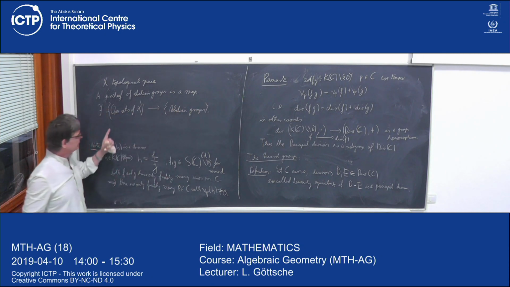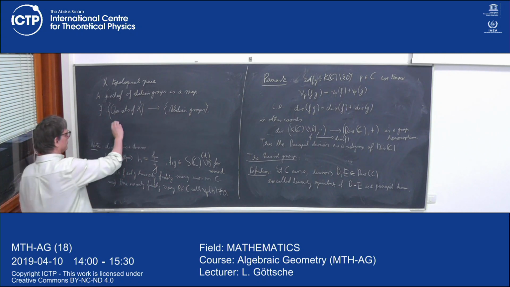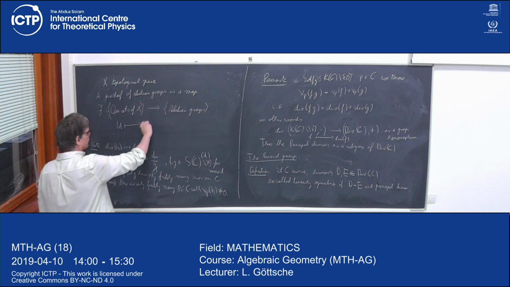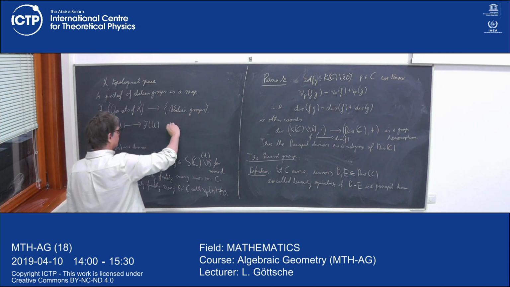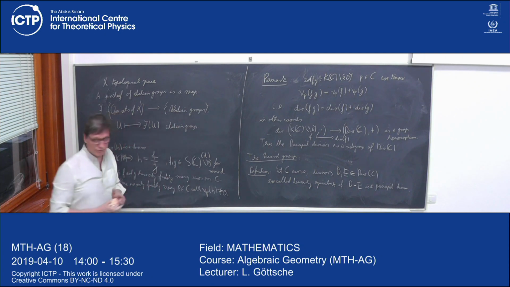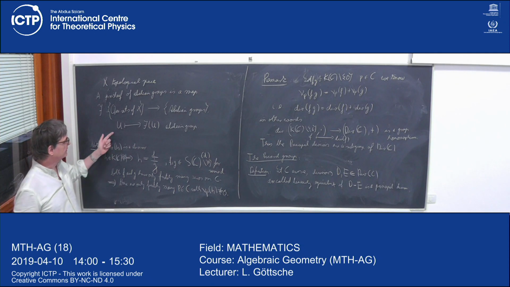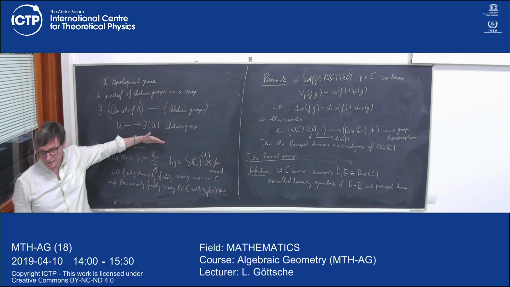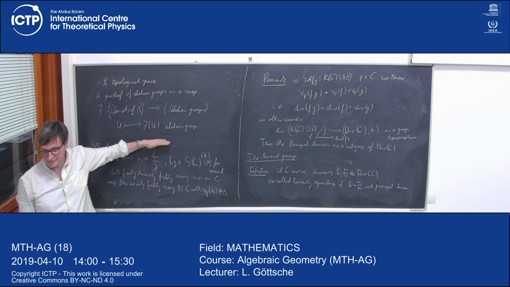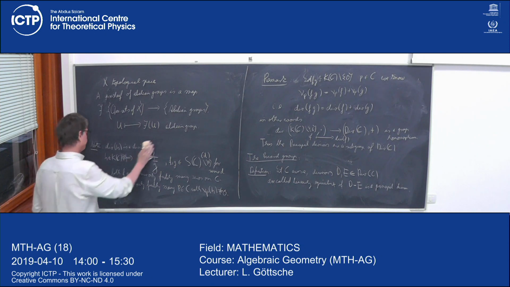So to every open set U you associate an abelian group F of U. What you could think of is, for instance, a differentiable manifold, and you look at the differentiable functions on open sets. This is an abelian group. In this case there's more structure, but anyway. Or you take an algebraic variety and you take the regular functions on the open set.